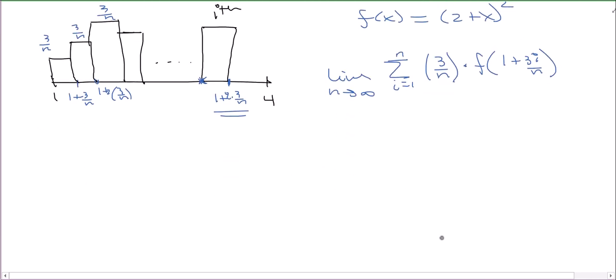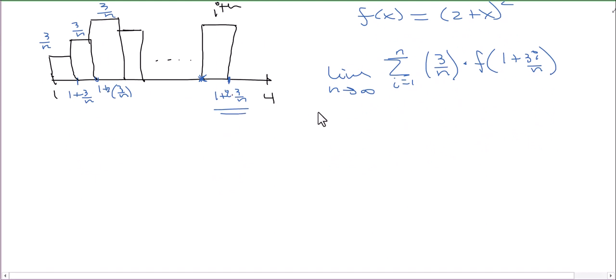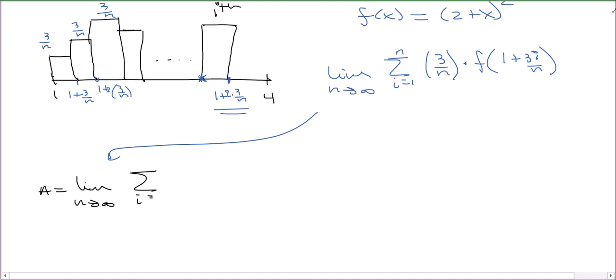And so let's see what that is with our function. I'm going to do it over here to gain more space. The area is the limit as n goes to infinity, summation i equals 1 to n, my delta x 3 over n times f of 1 plus 3i over n.